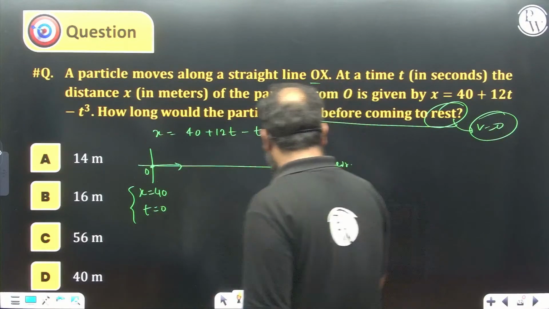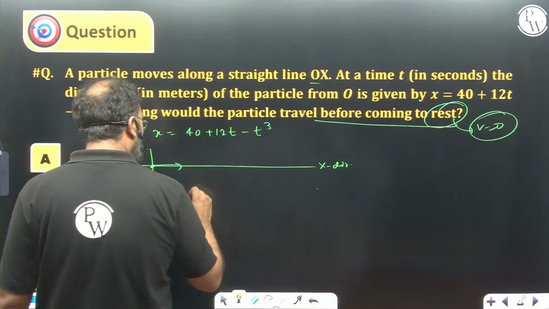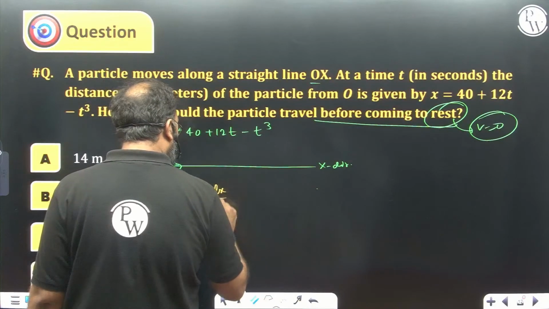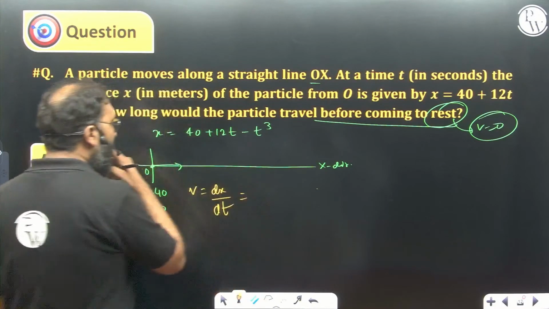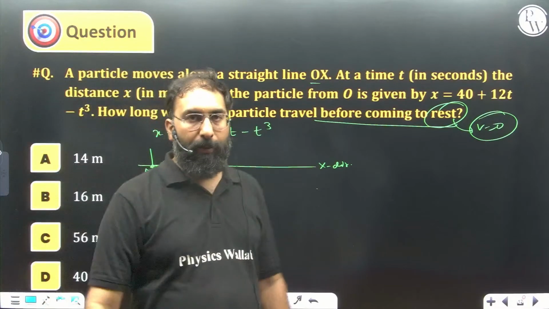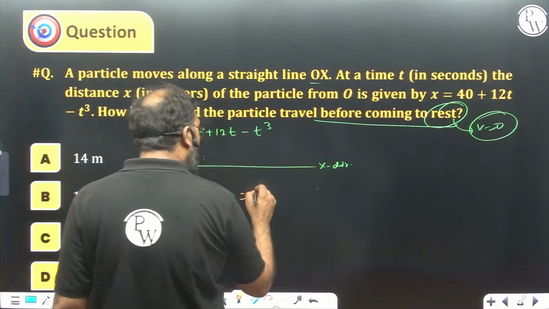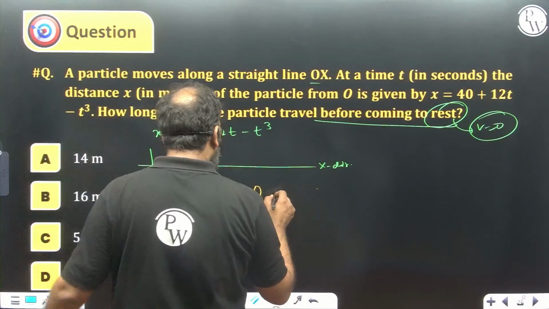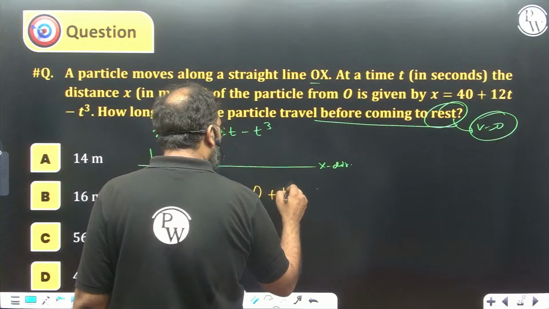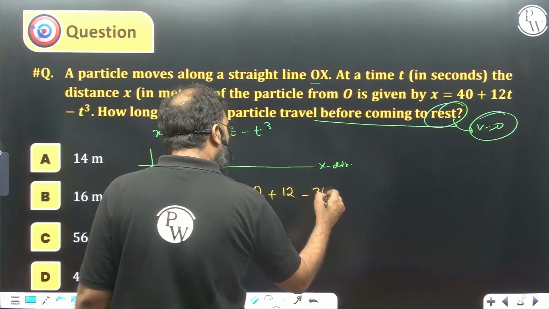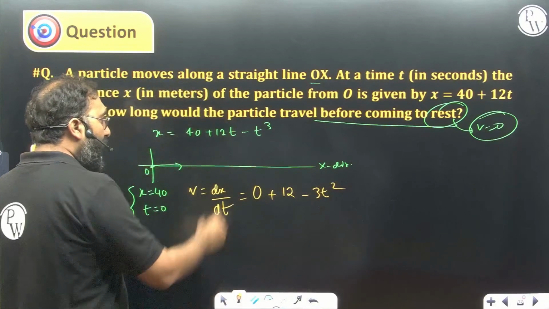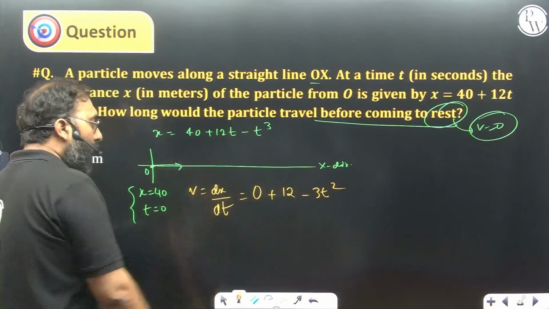So this is pretty simple. I'll differentiate this function and I'll find out the velocity. Velocity is defined as the rate of change of displacement. So velocity is dx by dt. So differentiation of 40 will be 0, then it will be 12 minus 3t square. This is the differentiation of this function, and this is velocity.